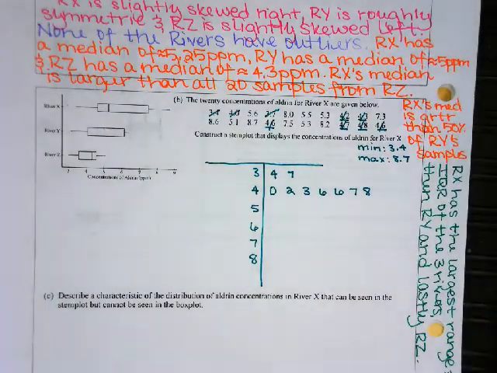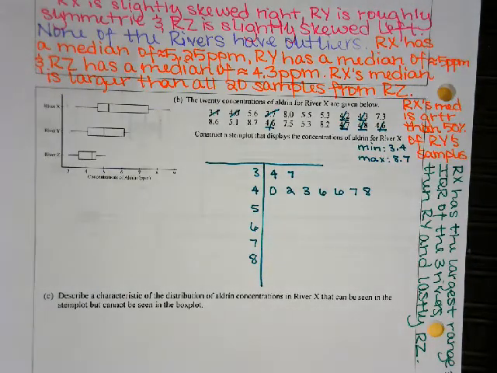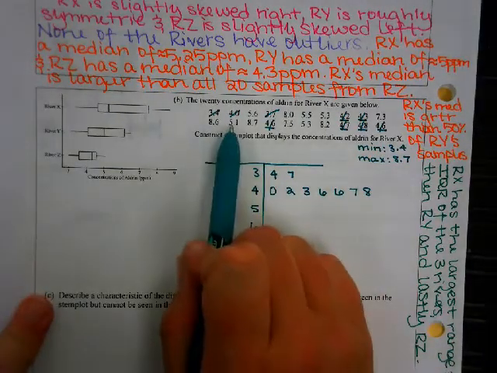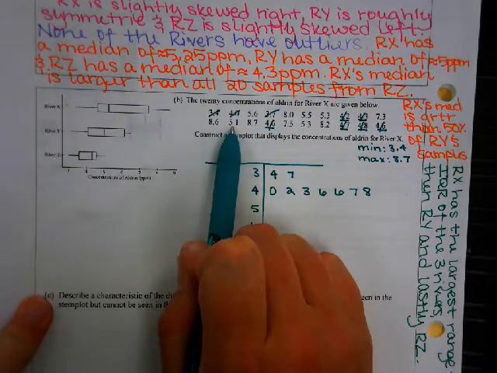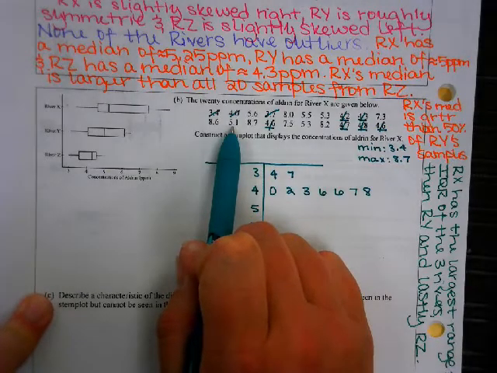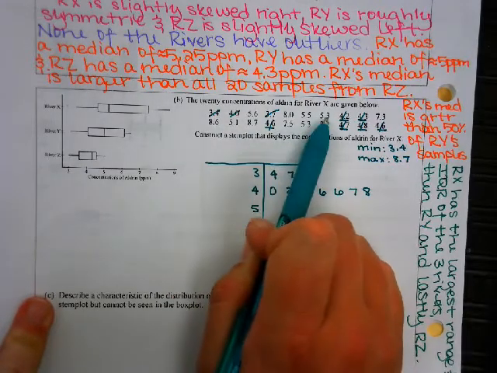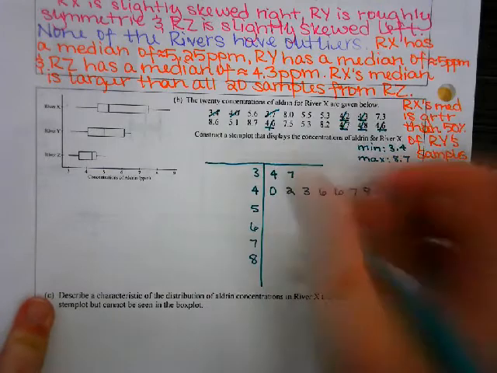And then for my 5s, I have 5.1. And then I have 3, 3, 5, 6. So 1, 3, 3, 5, 6.